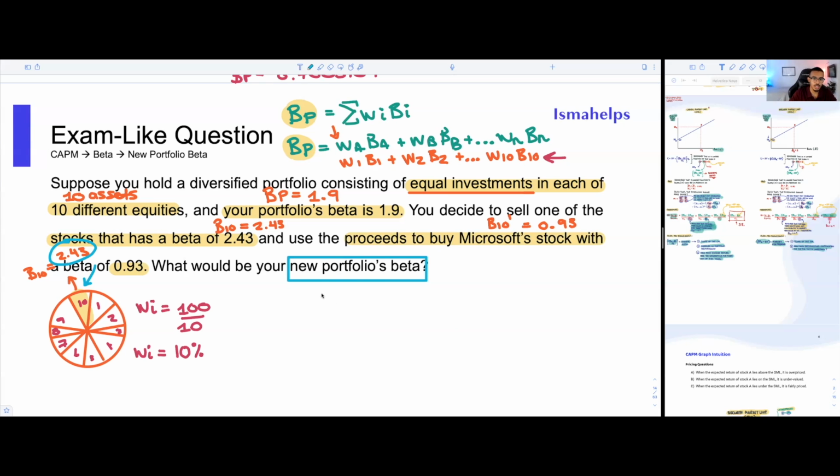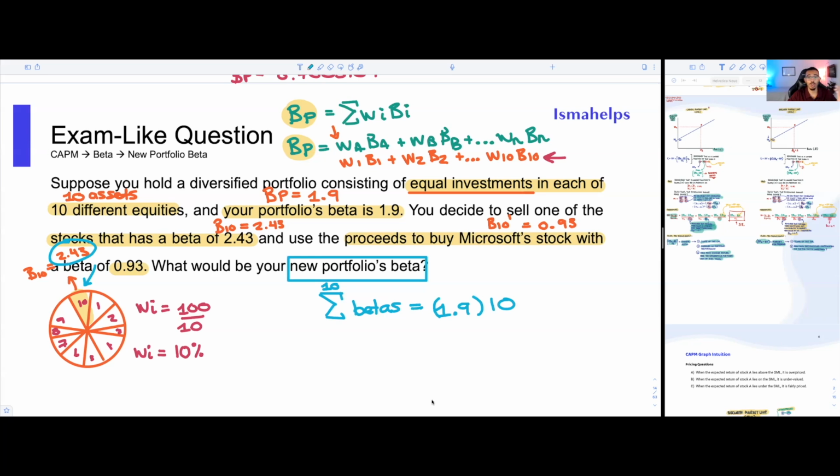The first thing is that we're going to say the sum of all of our individual betas in our portfolio, for 10 different assets, is going to be equal to 1.9 times 10.